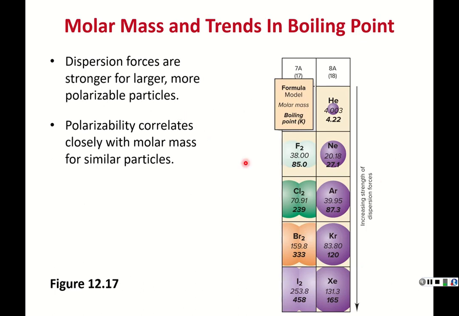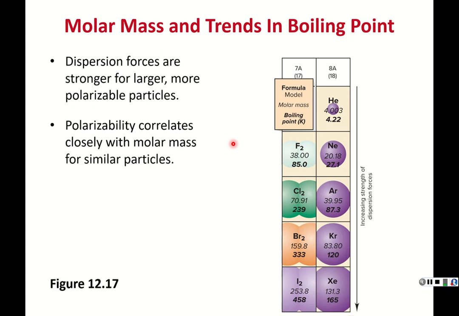So if we look at the periodic table trends in molar mass and boiling point, the dispersion forces, remember, are stronger for larger, more polarizable things. So as you're going down a group, those dispersion forces are going to be larger, right? So what do you think that means with boiling point?